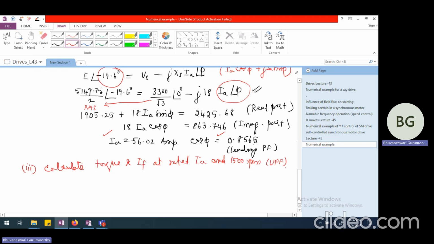So we are supposed to calculate the values of torque and IF when the machine is operating at rated Ia and at 1500 RPM at unity power factor.